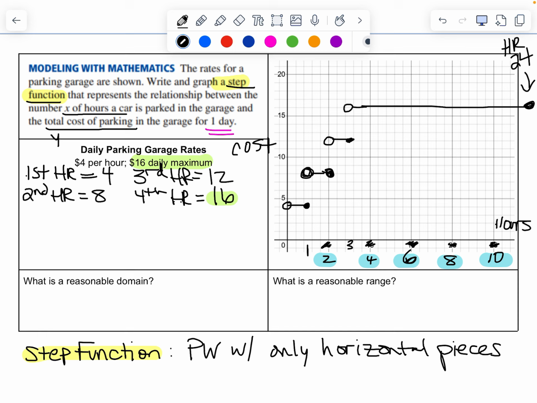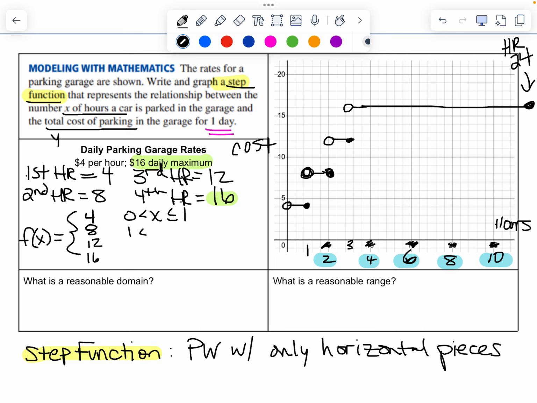So how do I write that out as a piecewise function? As a piecewise function, I would have 4 different pieces. The first piece would be 4, and then 8, and then 12, and then 16. We know that 4 goes up until that first hour worth of time.